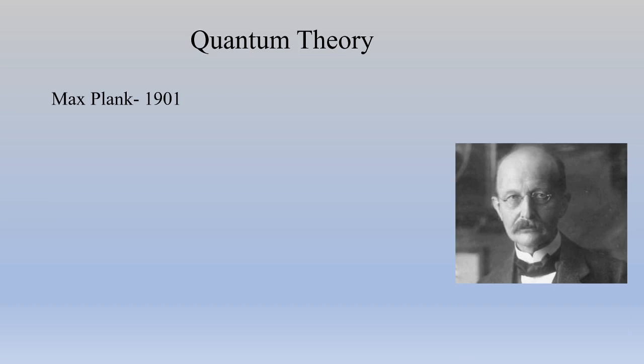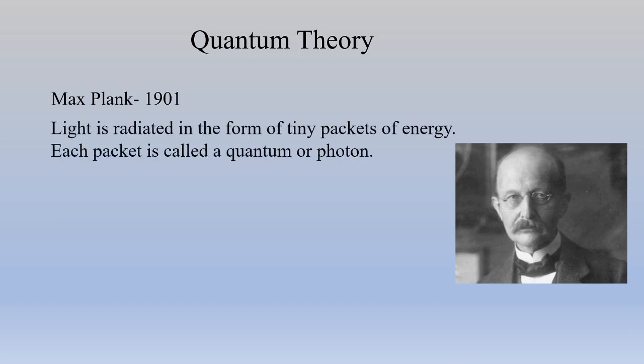According to this theory, light is radiated in the form of tiny packets of energy. Each packet is called a quantum or a photon. Since it is an energy packet, we can have an expression for the energy of the photon.